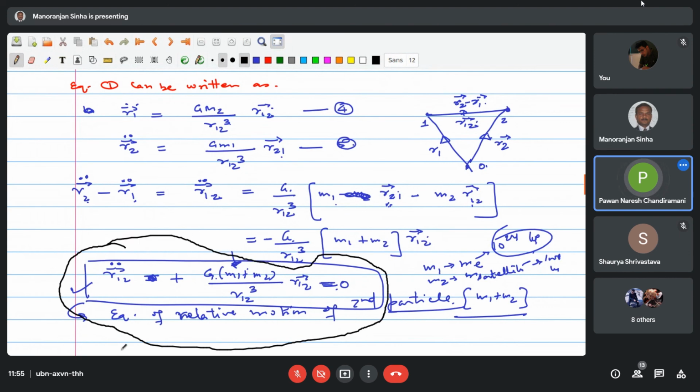If this R12 represents the position vector of the second body from the first body, so this is body one, this is body two. My doubt is that if we conserve angular momentum from one of the bodies, then we get that torque is zero, but that body is also moving. So we cannot conserve angular momentum from a non-inertial frame of reference, right? So how are we getting h is constant?